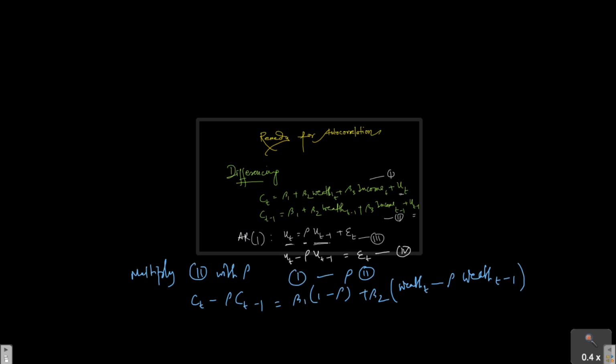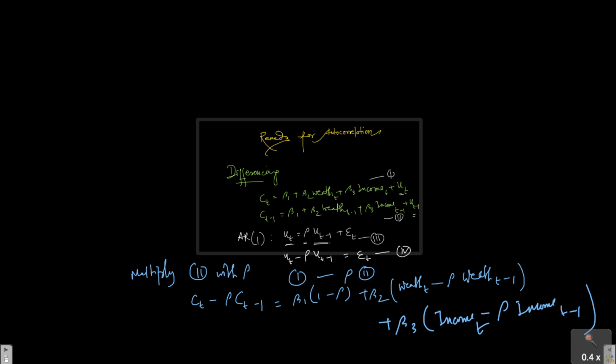Then I can further write beta 3 into income at the t-th period minus rho into income at the t minus 1th period. That's what we will get, and if we can do that, essentially I will be able to get rid of the U_t terms. Then I will have only my random error present in my model, which is what I basically want.